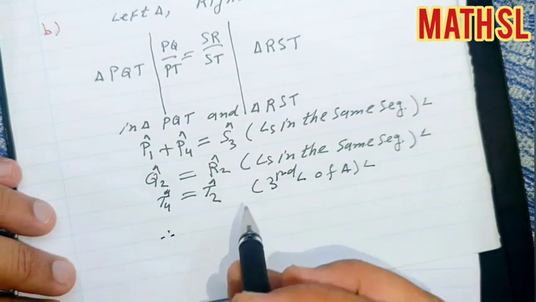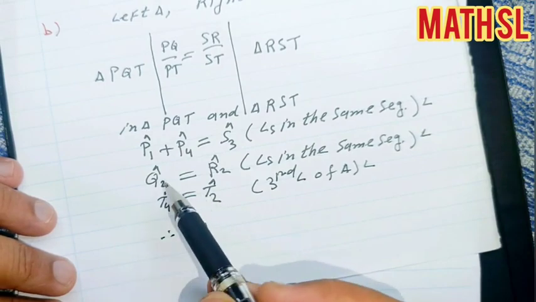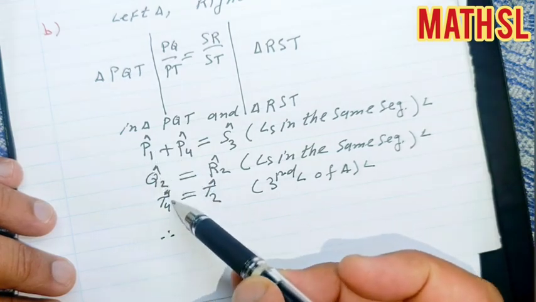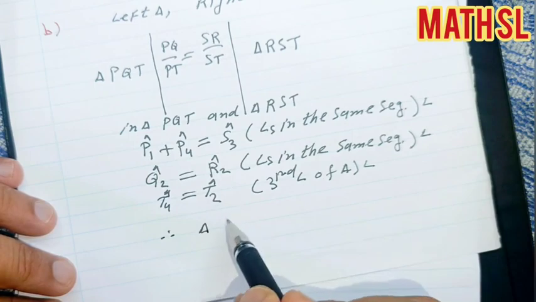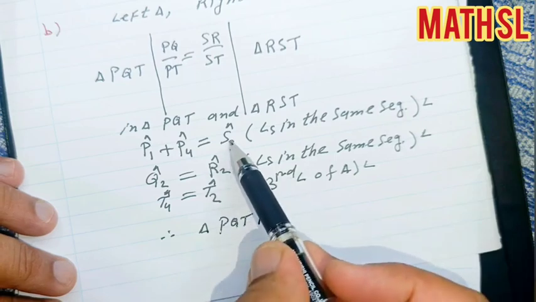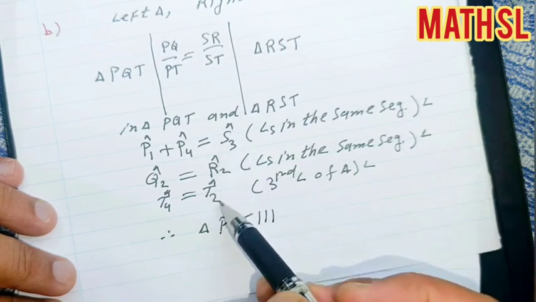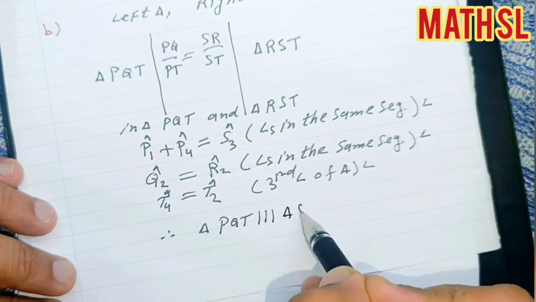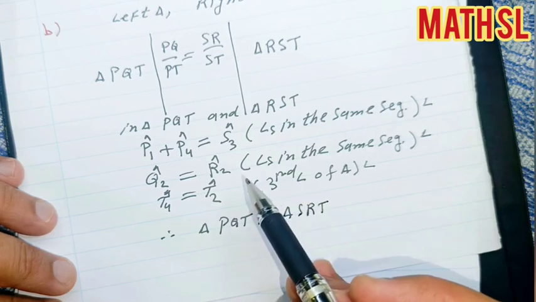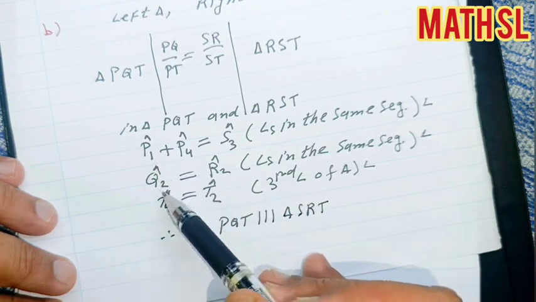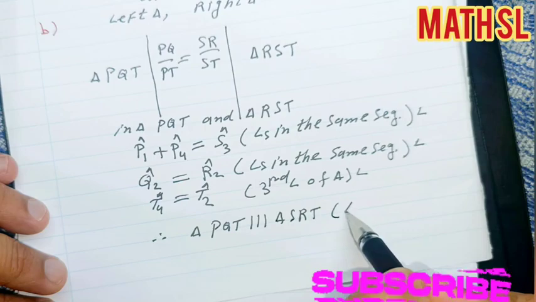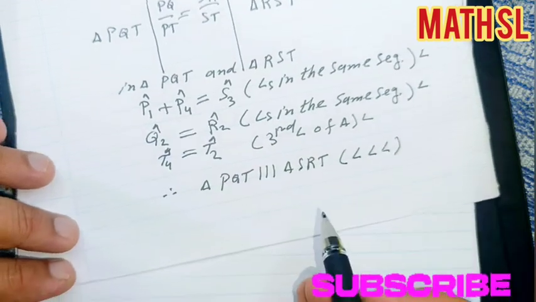Therefore, we must remember to pay attention to the order of the letters. Triangle PQT is similar to triangle SRT. Very important, pay attention to the order of letters. PQT, SRT. The reason is angle, angle, angle.